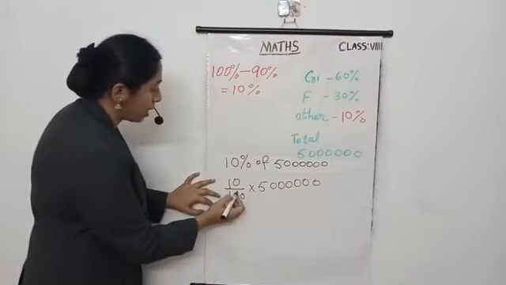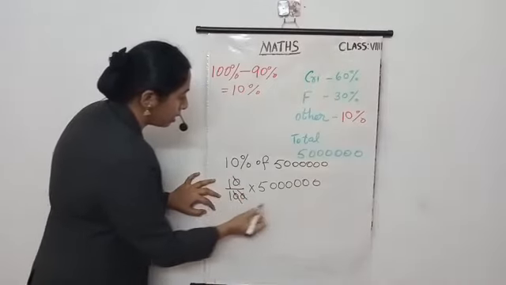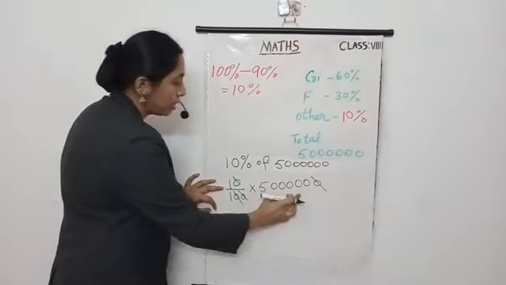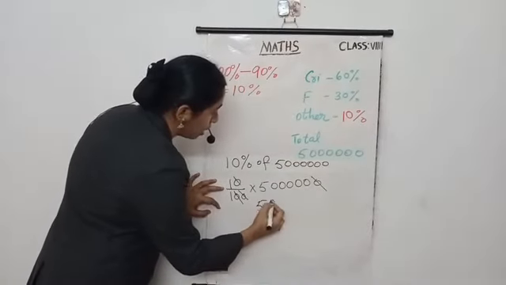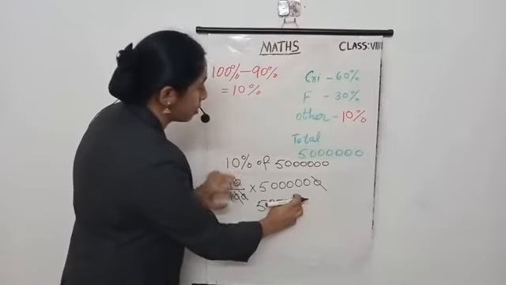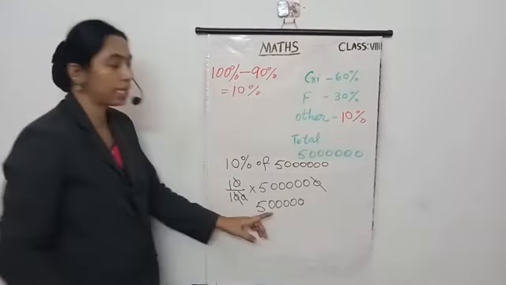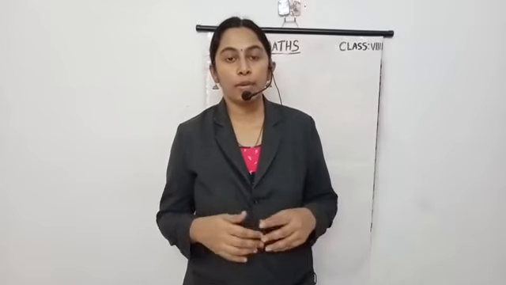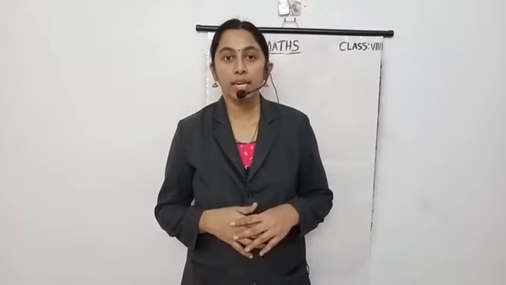Okay. Now we can cut this 0 and 0. Again this 0 and 0. Now 1 into 5, 5. This is 5 lakh. So the number of people who like other games is 5 lakh. So exercise 8.1 completed.